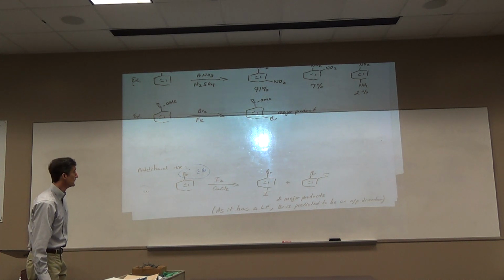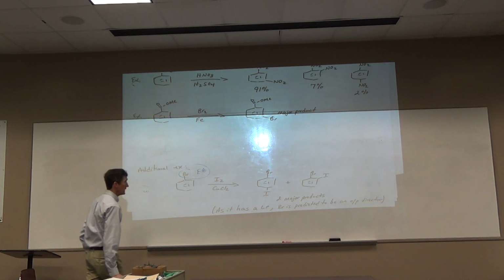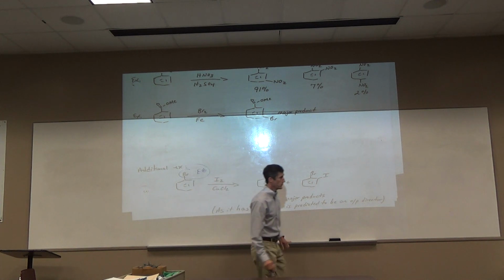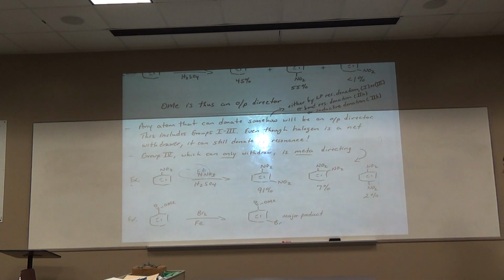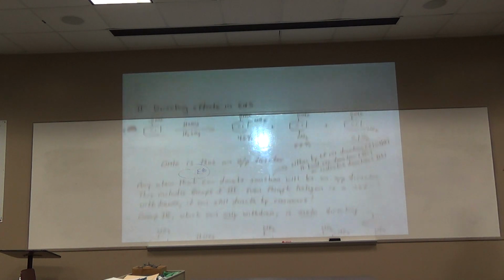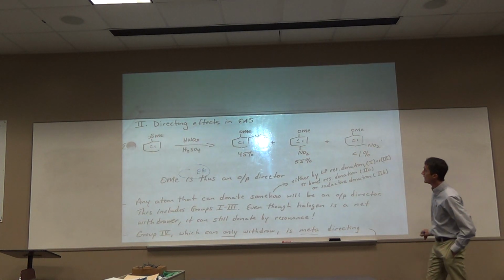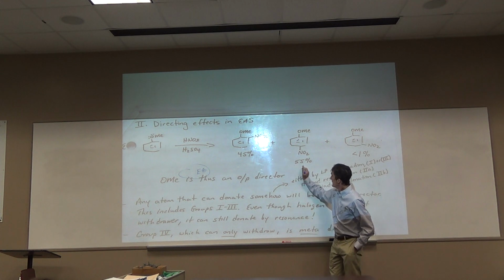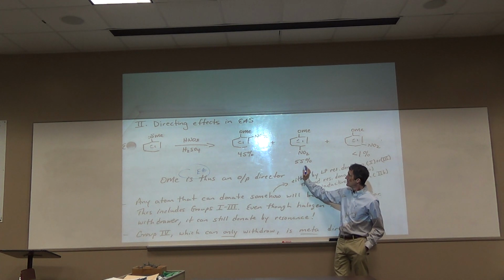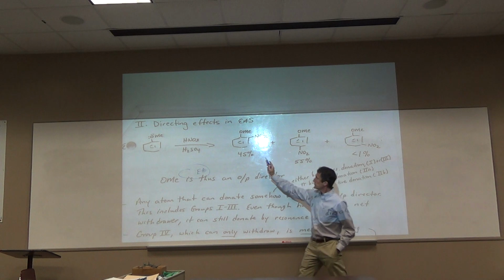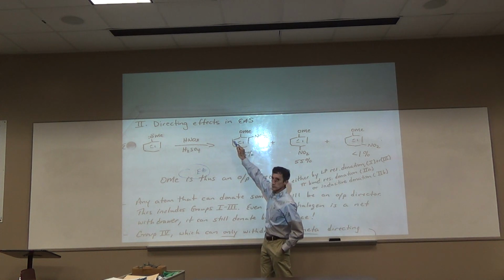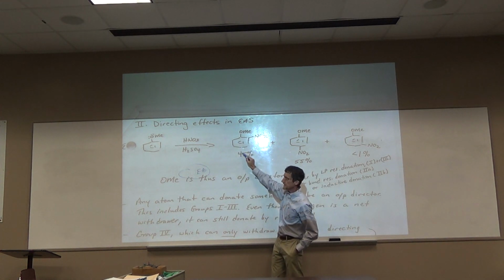Okay? So sometimes you may get a little bit more para. You know, up here you actually got more para. Okay, ortho-para. Actually, you got way more than this. You had twice the chance of getting nitro ortho, but it still only gave 45%.